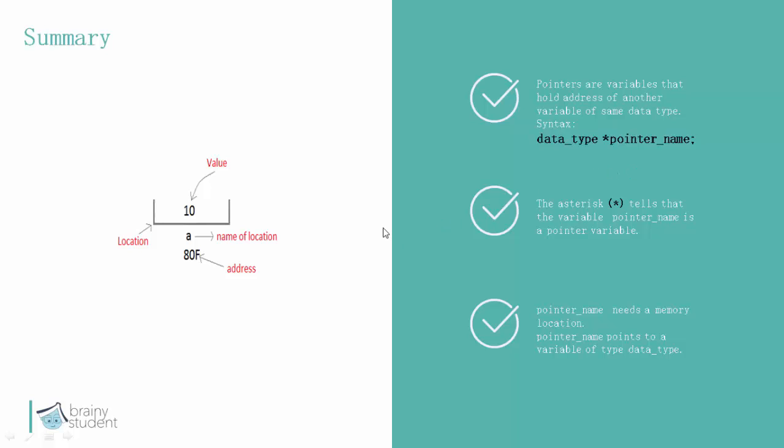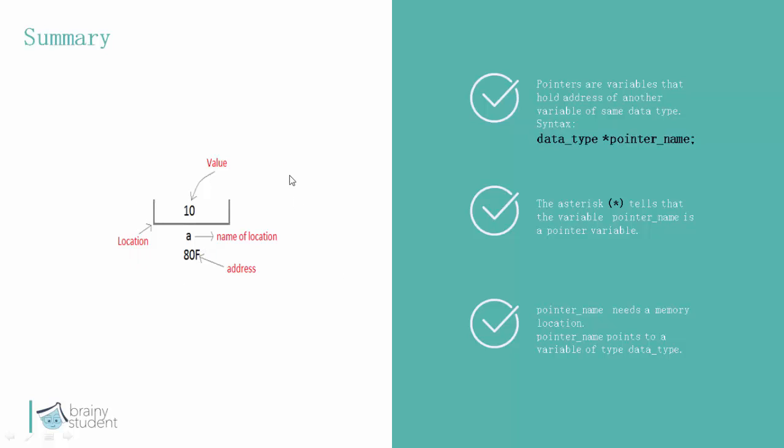Fine. So as you can see in this example, we are having a normal variable a. This is name of my location. If I assign int a, so this is a variable of integer type. If I do int a is equals to 10, value for this a is 10. Let us suppose ATF is the address of this a. Fine.